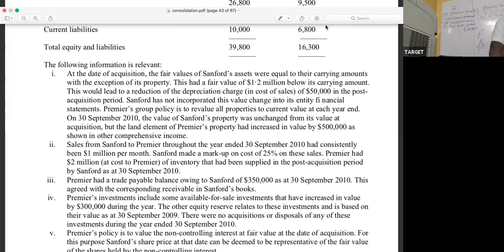This sale was from the subsidiary to the parent. So the one who made the sale has made an unrealized profit.